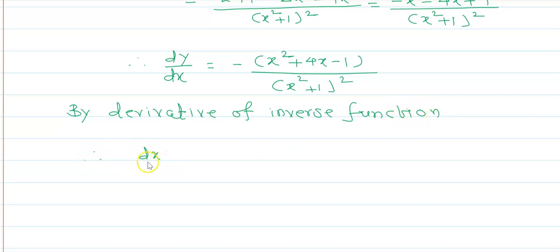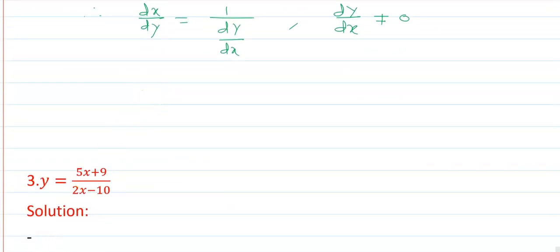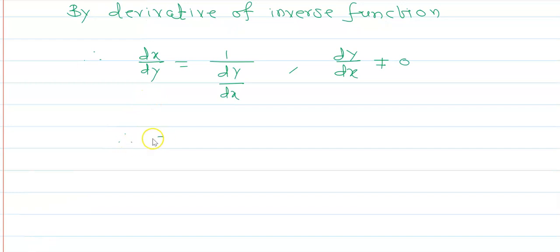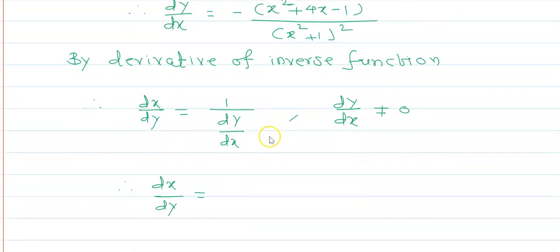Therefore dx upon dy is equal to 1 upon dy upon dx, where dy upon dx is not equal to 0. And hence dx upon dy is equal to, what is the value of this dy by dx?